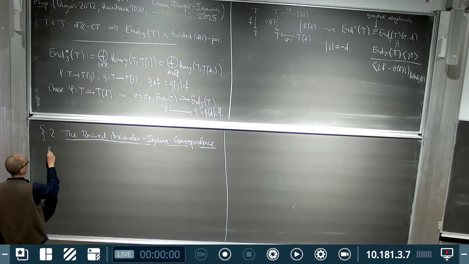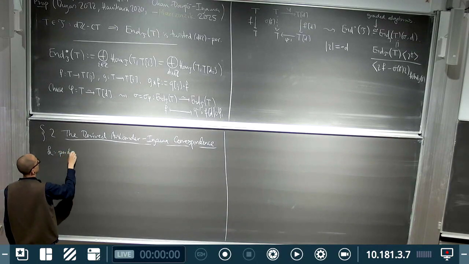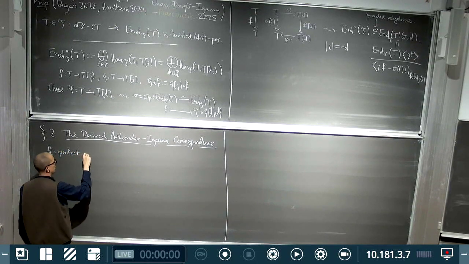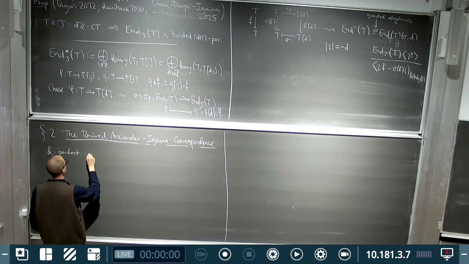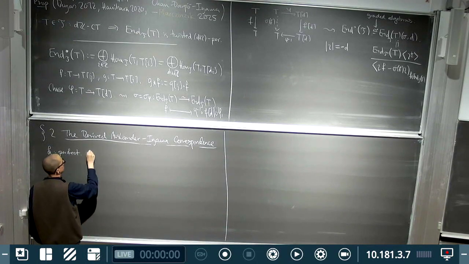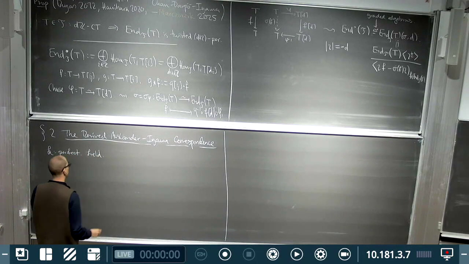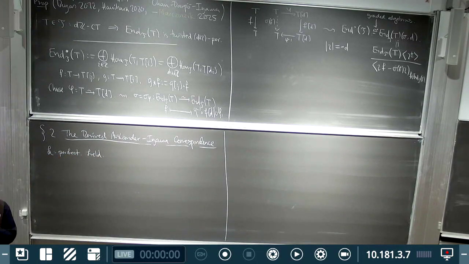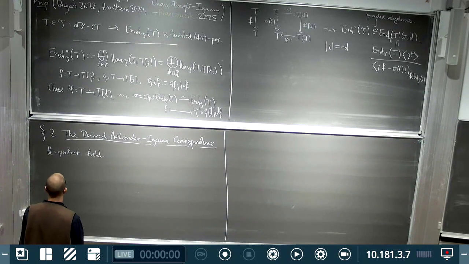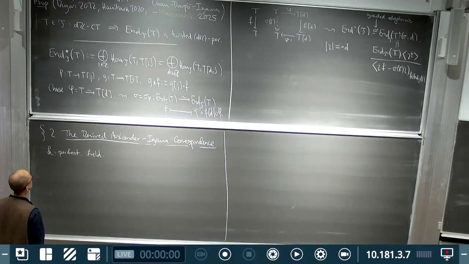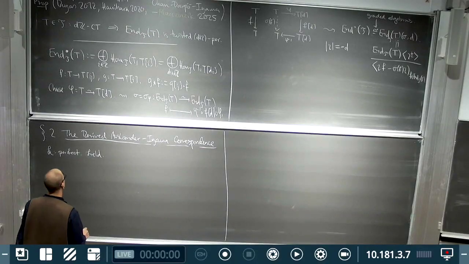So first, recall that we will work over a perfect field. This is a technical reason that I will hopefully explain where it is used, but you can just think of an algebraically closed field or a finite field or a field of characteristic zero. So some situation where everything is familiar and everything is fine. It's just a technicality that can be safely ignored.